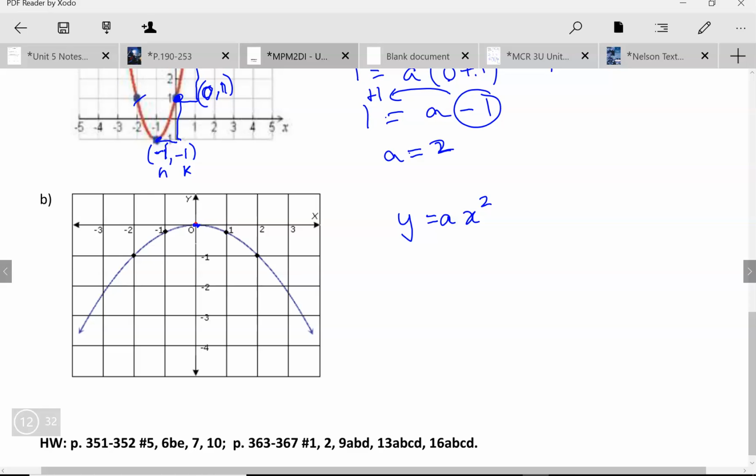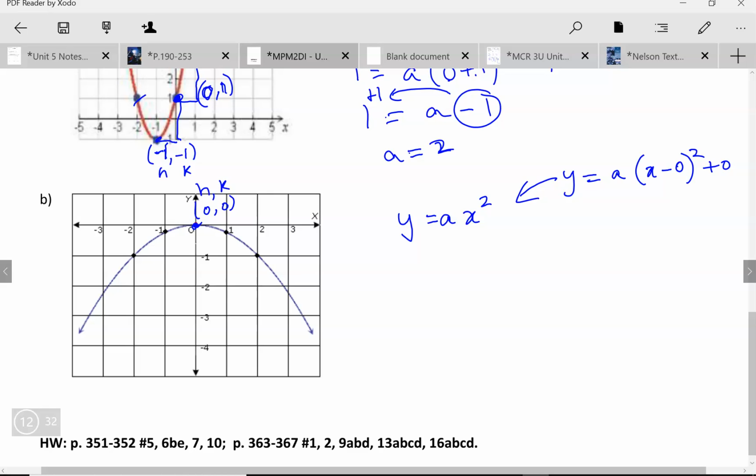Again, you can start off with y equals a bracket x minus 0 squared plus 0. Of course, this is the full form because my vertex here is 0, 0. That means my h value is 0, my k value is 0, right? But of course, this is just equal to that, right?